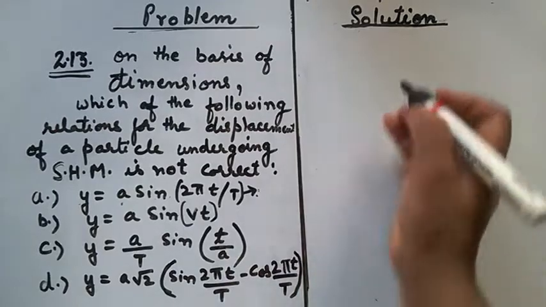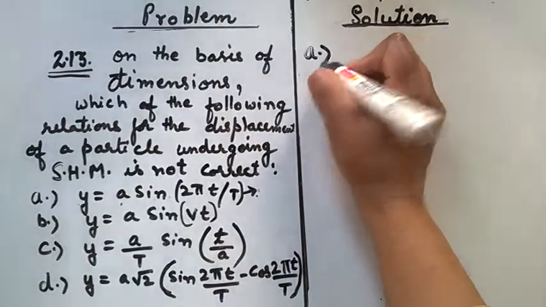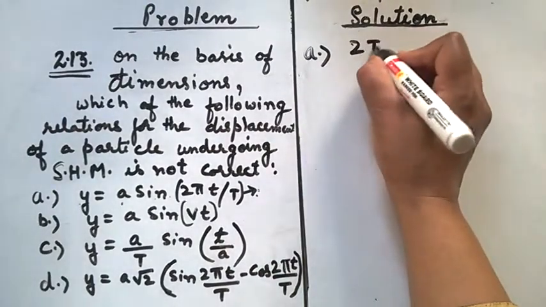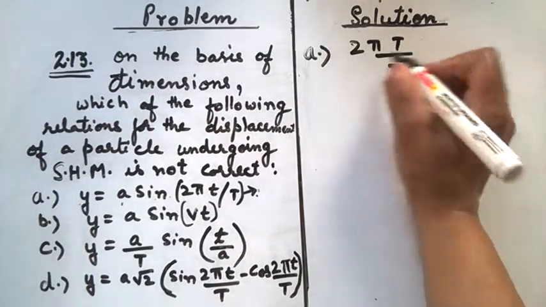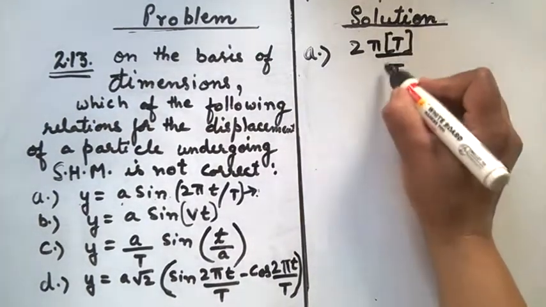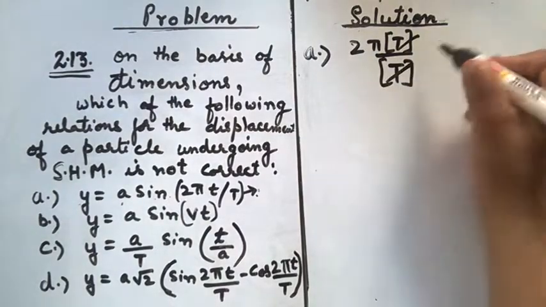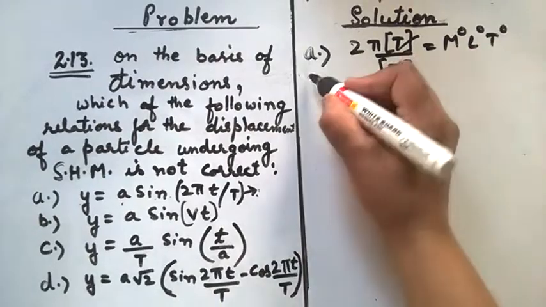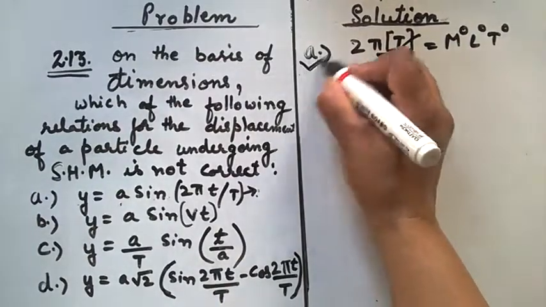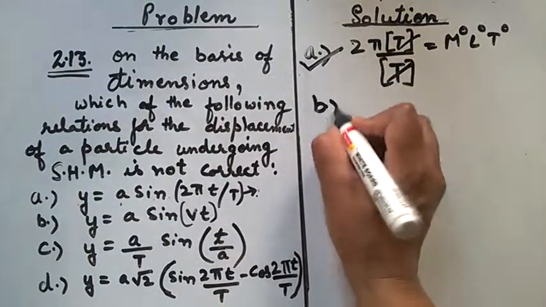So let's check the argument, 2 pi t by T. We know that 2 pi is a constant, and the dimension of t is T. So here we can see that the dimension is M0 L0 T0. So it is correct. It follows the equation of SHM. Second is vt.